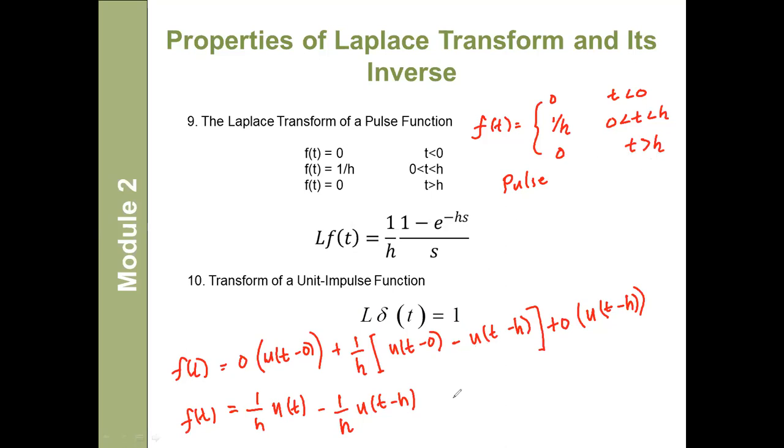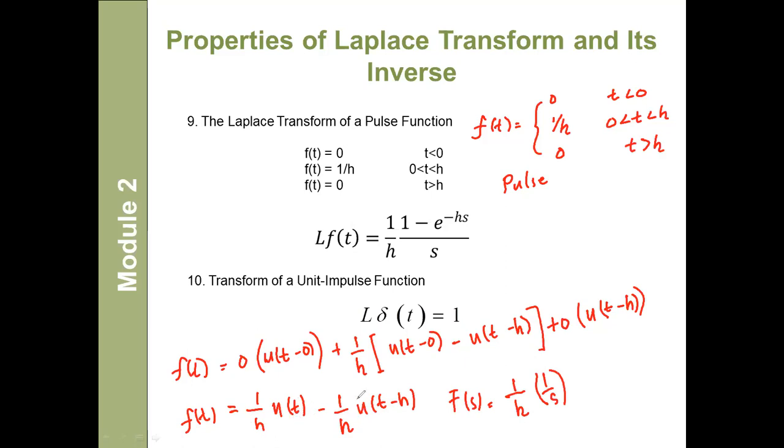Now, what if the goal is to determine the function of s? So you will get the Laplace transform of these two expressions. The Laplace transform of the unit step function was already given to you last meeting, and that's equivalent to 1 over s. So you will have 1 over h, which is a constant because it represents the magnitude, times 1 over s, the Laplace transform of this.